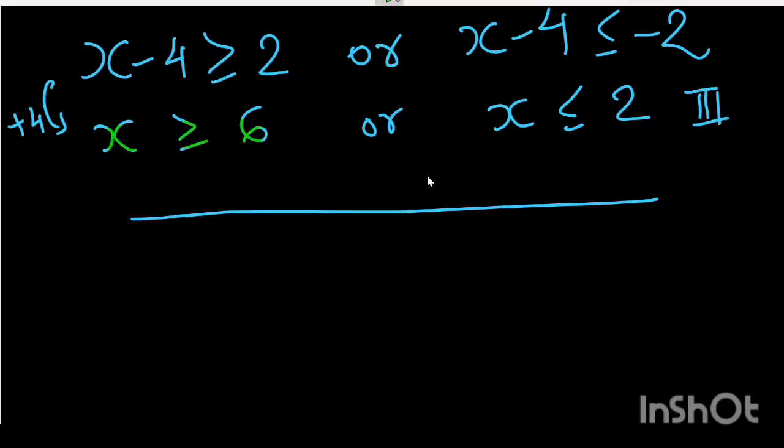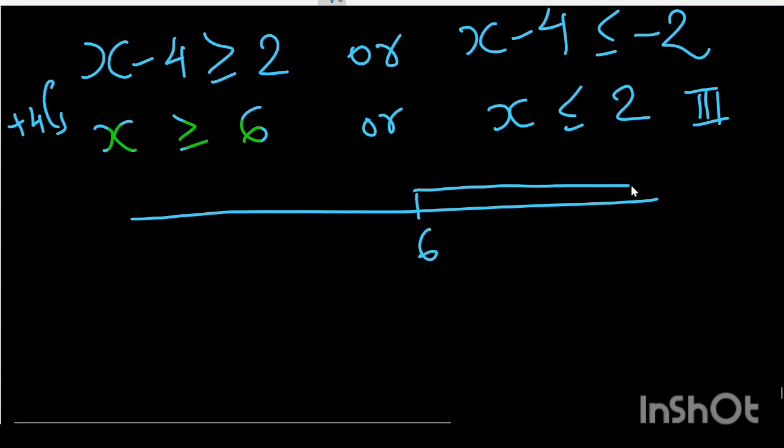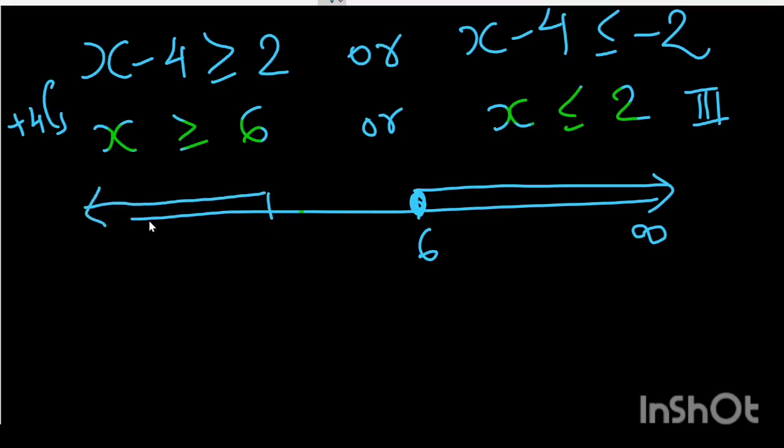So we will plot 6 and greater than 6 on the right side, 6 to infinity. 6 would be included. Now plotting x less than or equal to 2. This is 2, and then we will plot it like this, lesser than 2, minus infinity to 2. This is the third inequality.